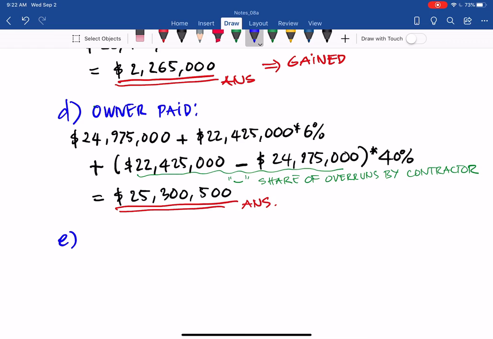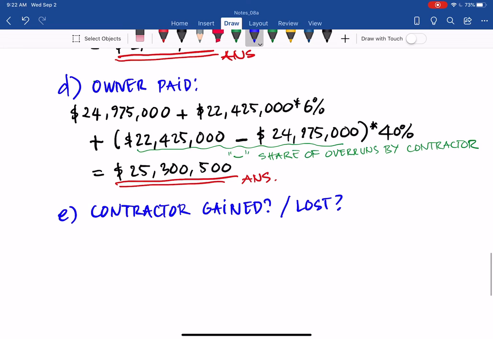And the last one, similarly to above, we have E, contractor gain or lose. We are not sure in this case yet, so we just say contractor gained or lost. With the number, if negative then it's a loss, and if positive it will be a gain.